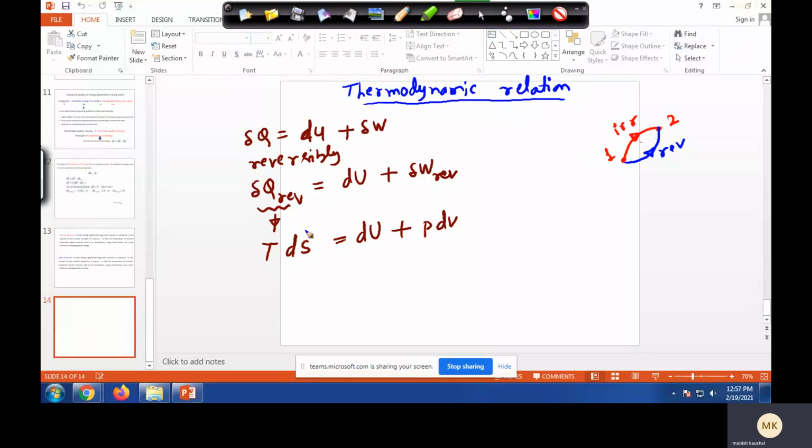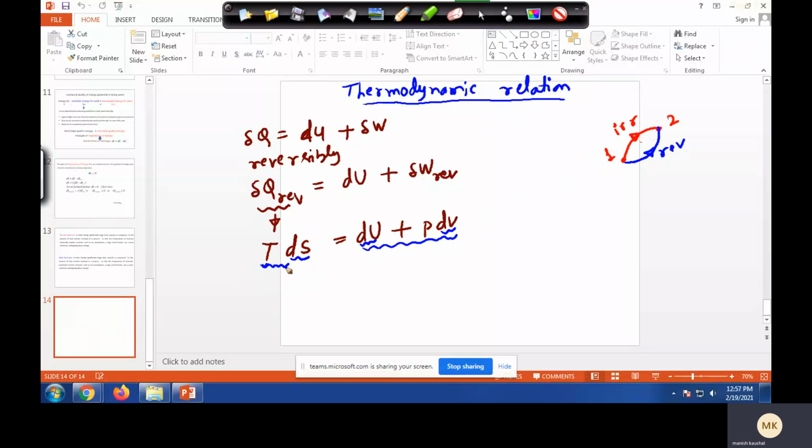In this equation, this T is the instantaneous temperature because you are passing the heat reversibly, so I have chosen the reversible path. Now what does this equation give us? Otherwise, this dU, dS, and dV are the same while going from 1 to 2, either irreversibly or reversibly.